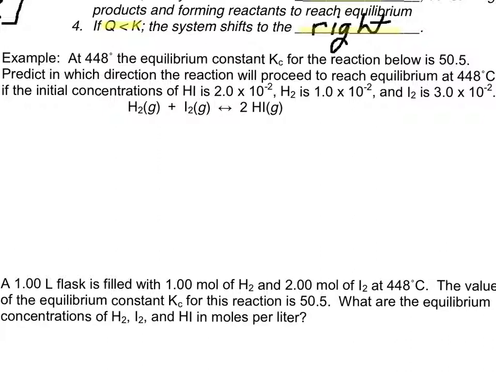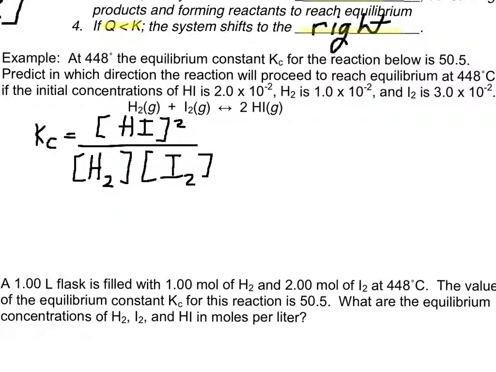First thing we're going to do is figure out our balanced chemical equation, which it already gives us, and then set up an equilibrium expression. Here's our equilibrium expression, and because it gives me the initial concentrations of all three of these, all I have to do is plug those initial concentrations into my equilibrium expression, and what I'm solving for is Q.